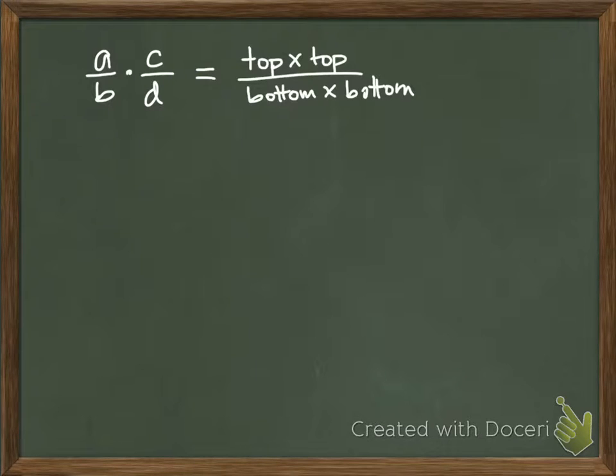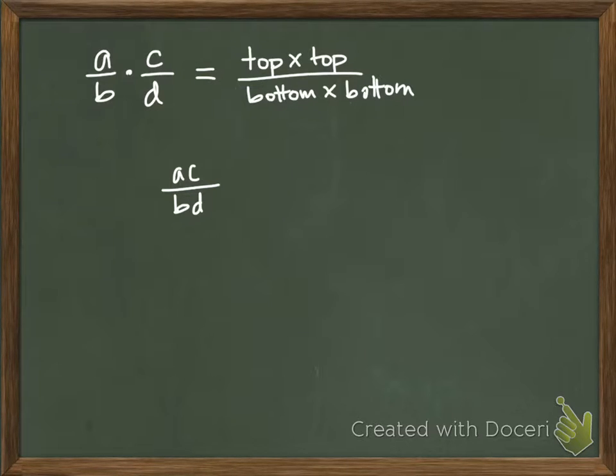So the basic rule is, for any fraction, let's say a over b times c over d, when we're multiplying them, you just go straight across. It's top times top, bottom times bottom. So in this case, it would be a times c over b times d. This is not cross multiplying or anything like that. It's just straight across: numerator times numerator over denominator times denominator.